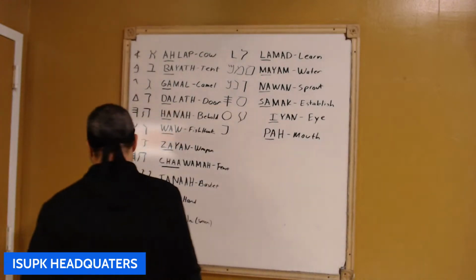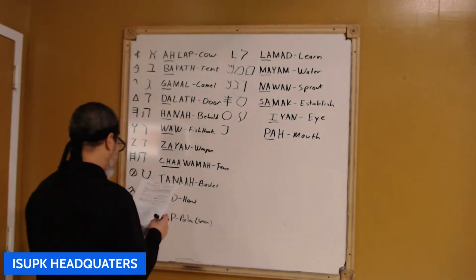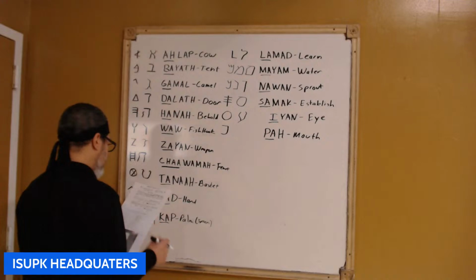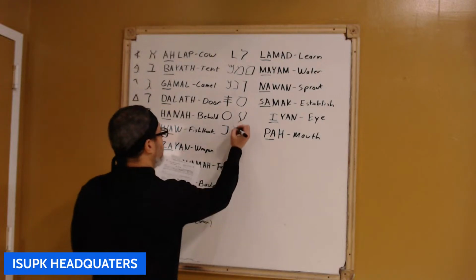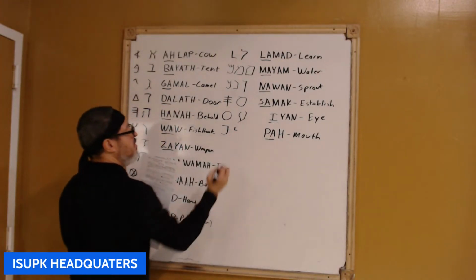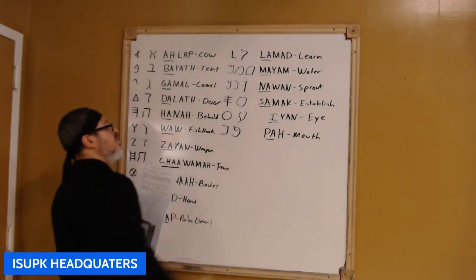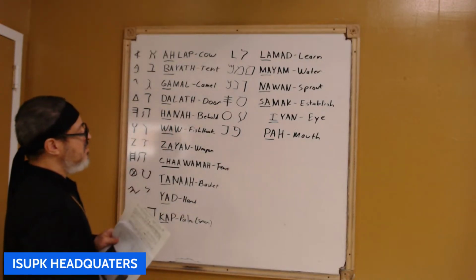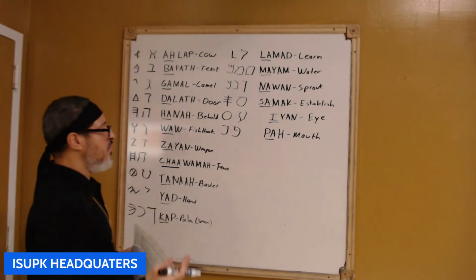Now the pa has two different sounds with two different characters in the modern. So I like to describe it as like a G, kind of like flipped upside down though. So you do 1, 2, and then like a letter C. So that's the pa. That's if it starts in the first part of the word or in the middle of the word.